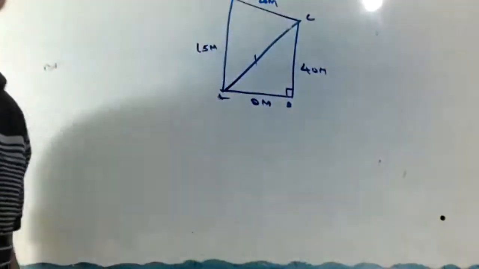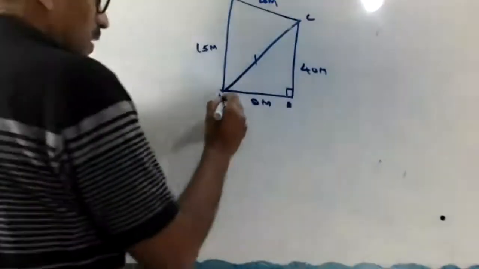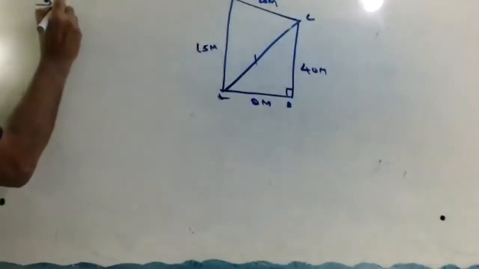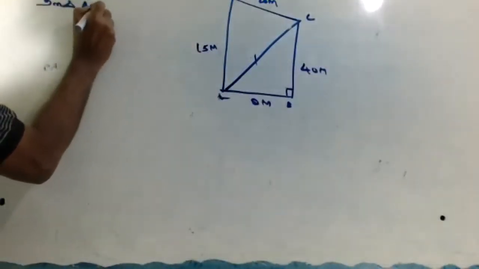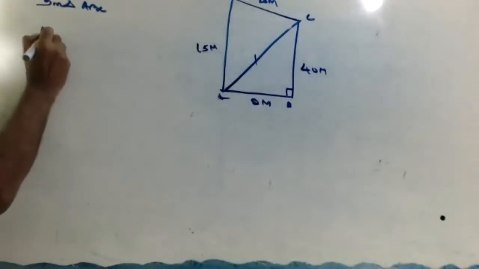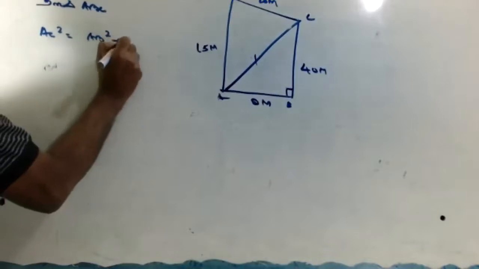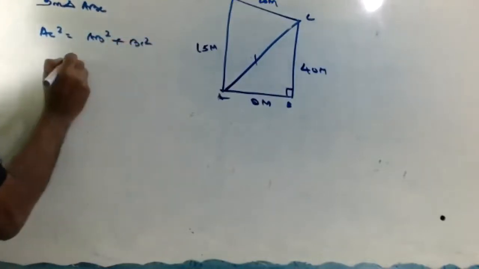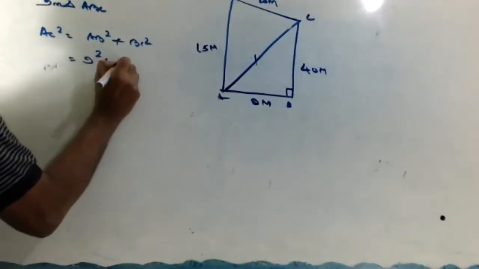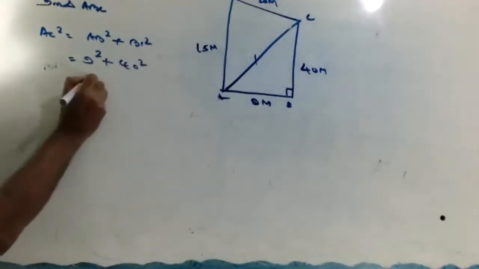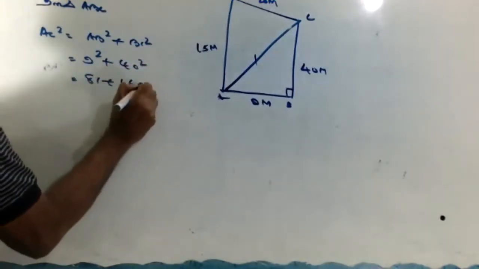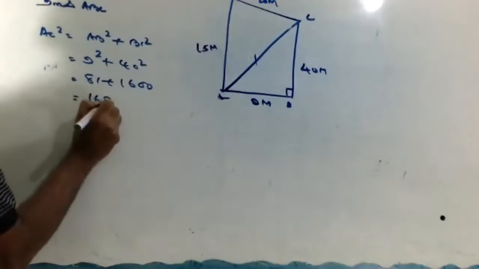Look, first of all, you write in triangle ABC, AC square equal to AB square plus BC square. So 9 square plus 40 square, that is 81 plus 1600 equal to 1681.